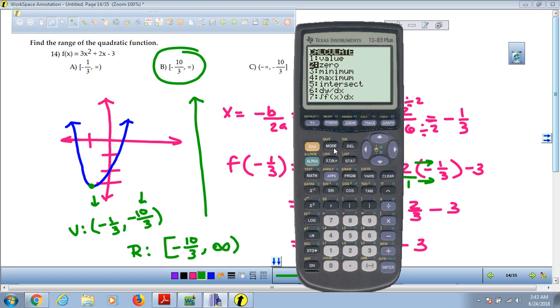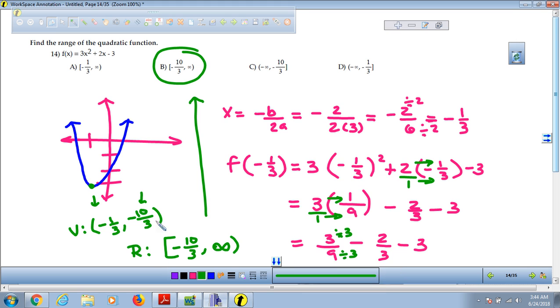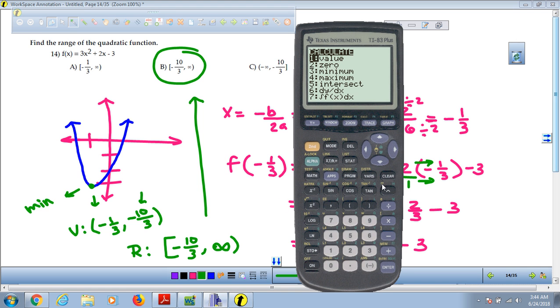Okay, so this is one way of using the calculator to figure this answer out. You have the graph, you go to second trace. This is a minimum. I don't know if you recall, but we already went over this. When there's a U opening upward, we know the minimum. Even though they're not asking me for the minimum, that's the only way to figure out these numbers with the calculator.